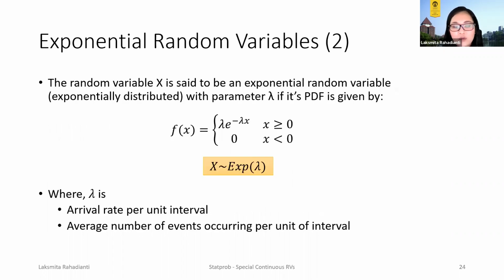Here you can see that it is the same parameter lambda that we used previously, where lambda is the arrival rate per unit interval. So how many customers per hour, how many emails per day, how many offers per month, and so forth. This rate is what we need to use to compute the exponential random variable.